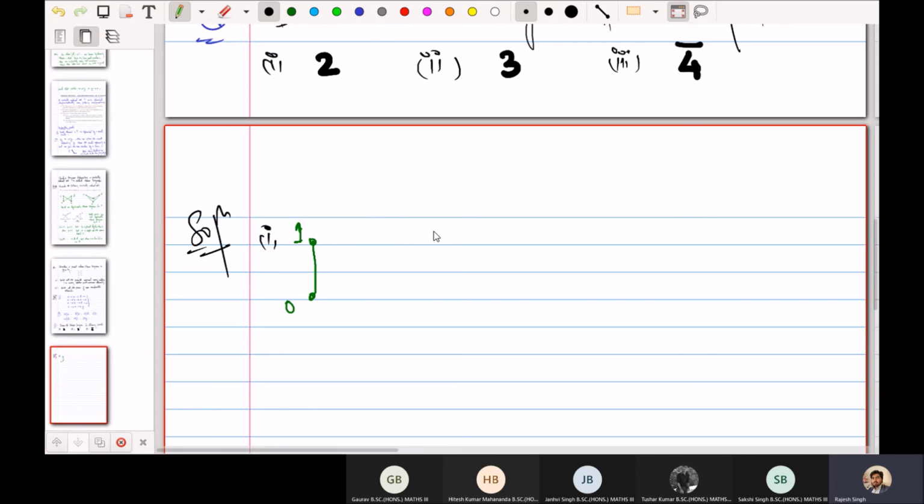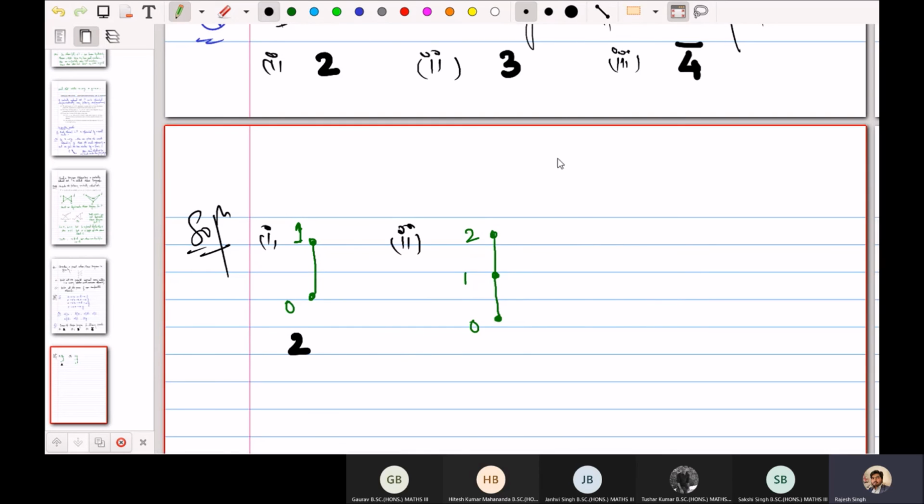What about third? 3 है 0, 1, 2, and it is a chain. So इस तरह से होगा, ठीक है?